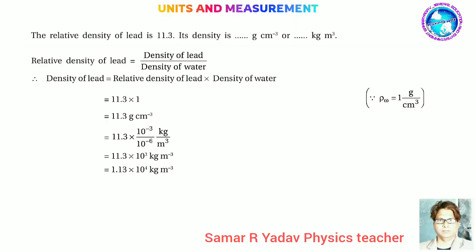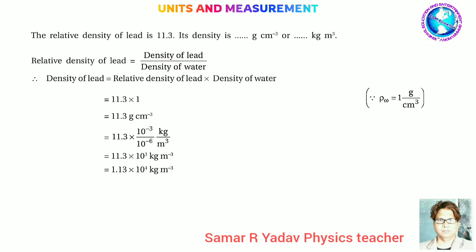The relative density of lead is 11.3. Its density is dash gram per centimeter cube or dash kilogram per meter cube. Relative density of lead is equal to density of lead upon density of water.